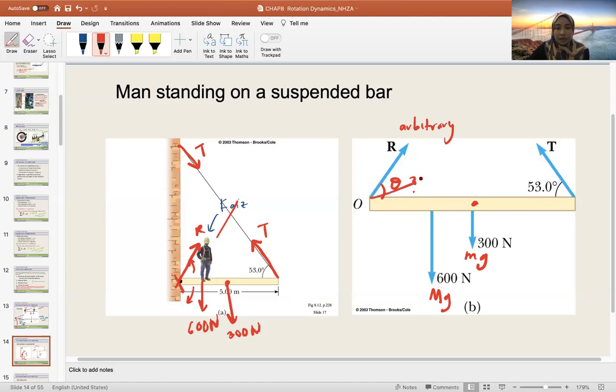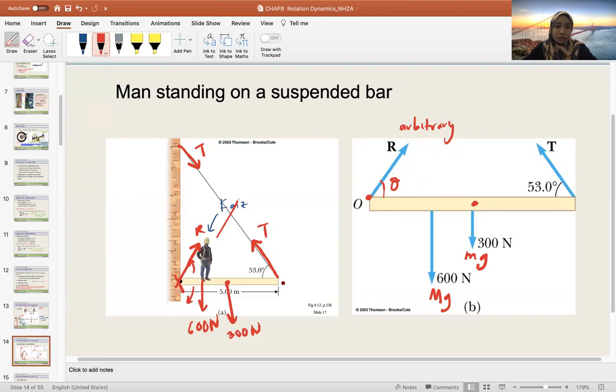I can write my R like this, then angle theta. I can write my angle like this, R, the theta. Doesn't matter. I just need it to be in my free body diagram so that I can solve for it in my equation. So draw however you want, but it must be at the place where it makes contact, which is here. That is where you have contact with the wall, right?